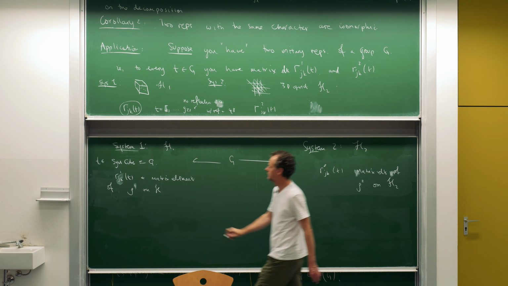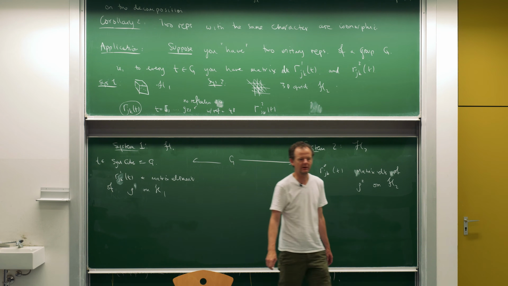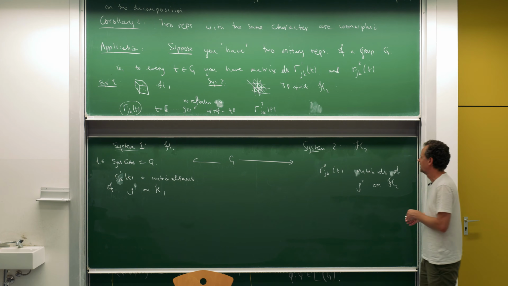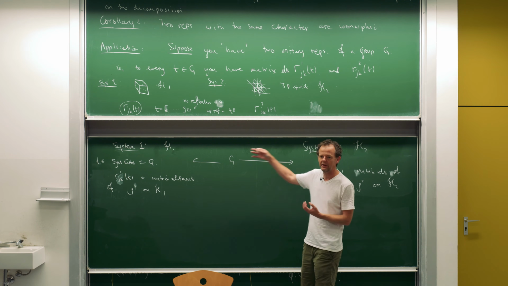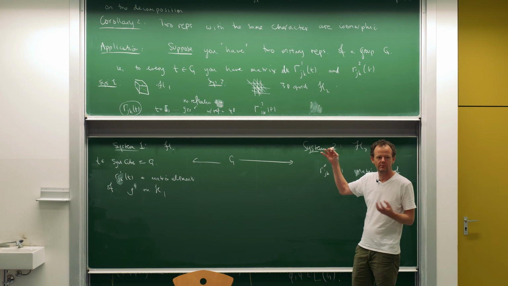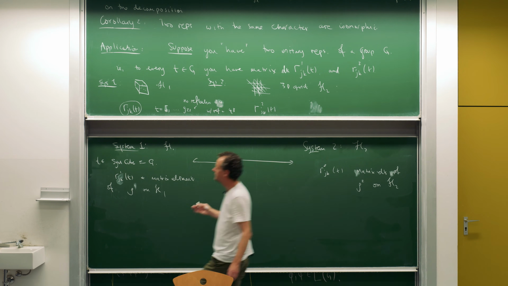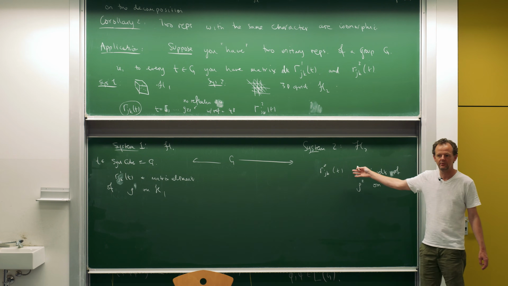And now comes the mind-blowing question, like how would you even dare ask this question? Could it be that the symmetries are represented in exactly the same way, that the matrix elements here are just the same as these matrix elements somehow in disguise?